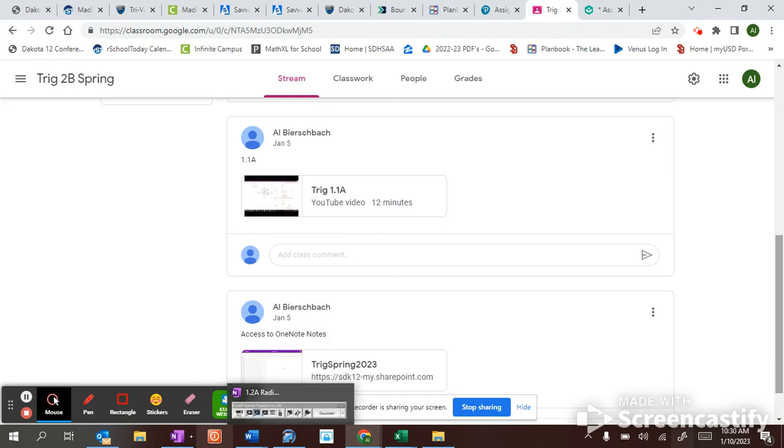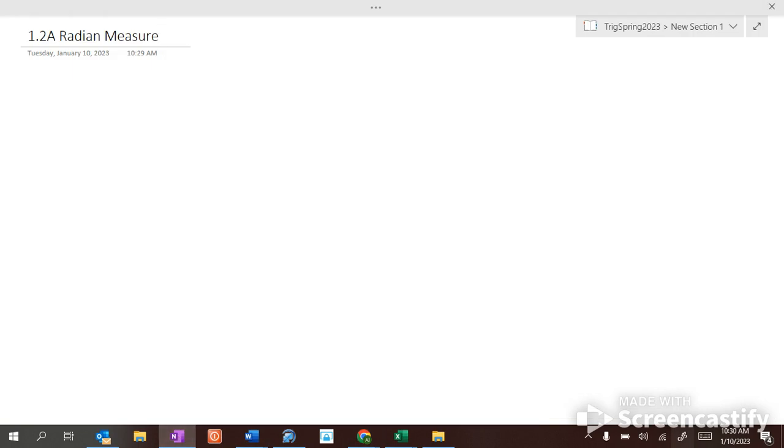Now we're going to move on to radian measure. Now, how many degrees are in a circle? 360 degrees in a circle. How many radians are in a circle?